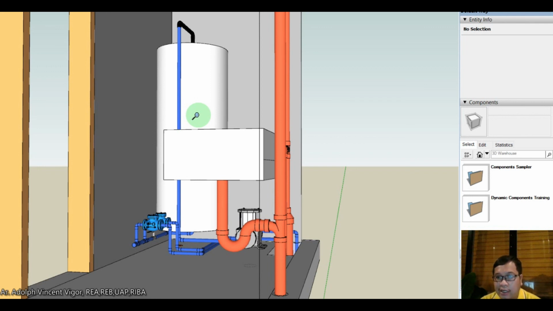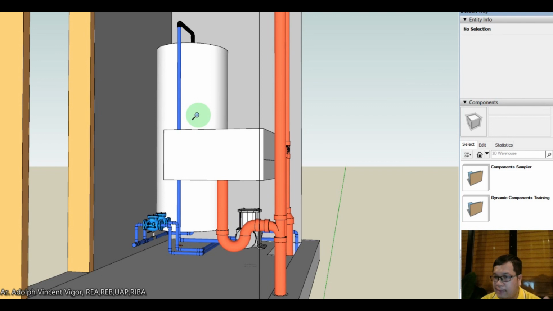Remember, class, that architecture is not about drawing. Okay? What we do here is we design, and in order for you to become effective designers, you must have a grasp and understanding of the different systems and components of your structure or building.